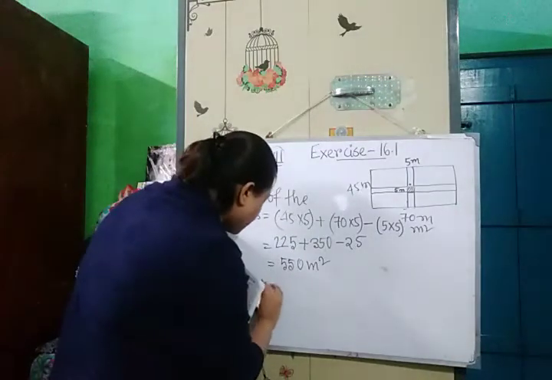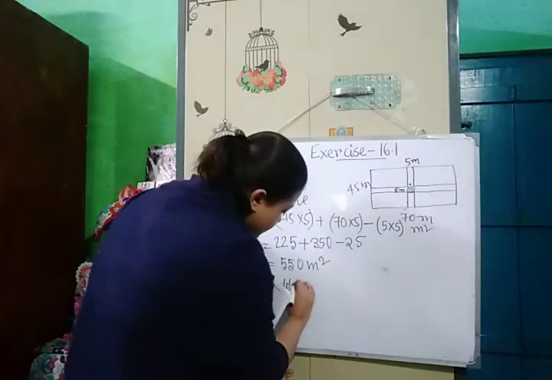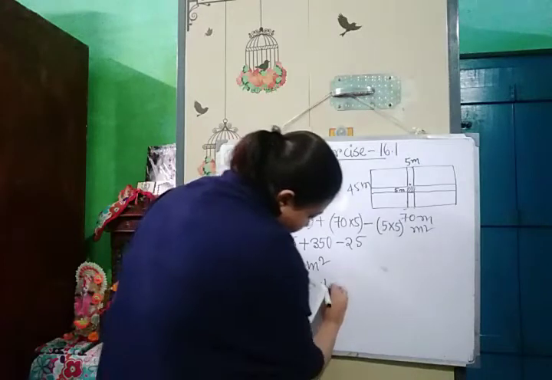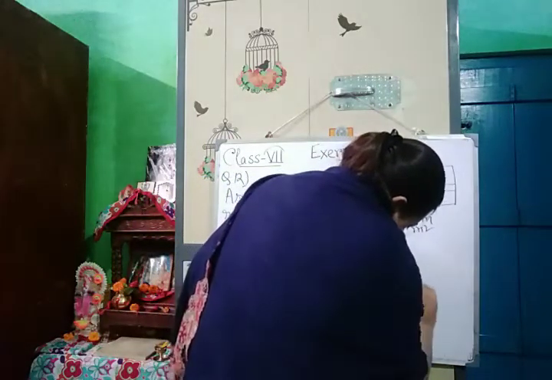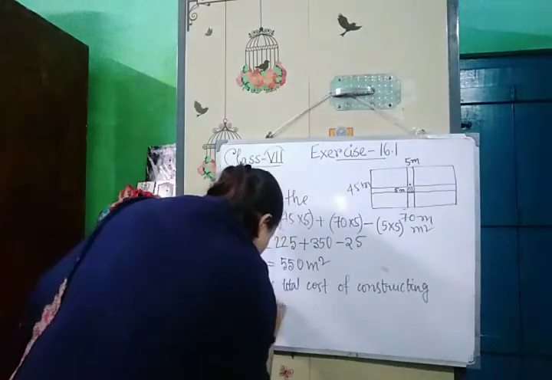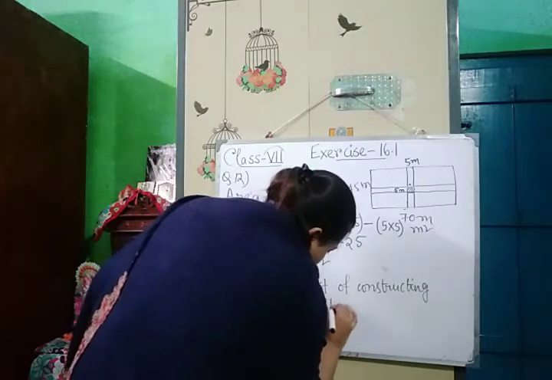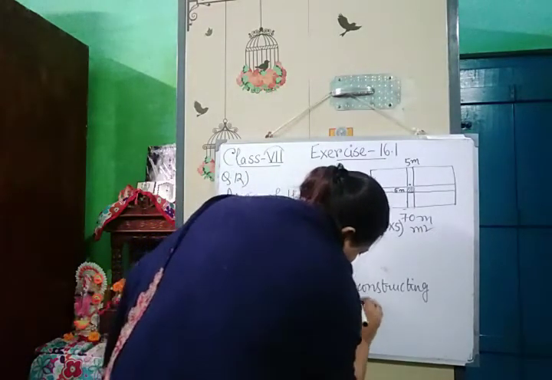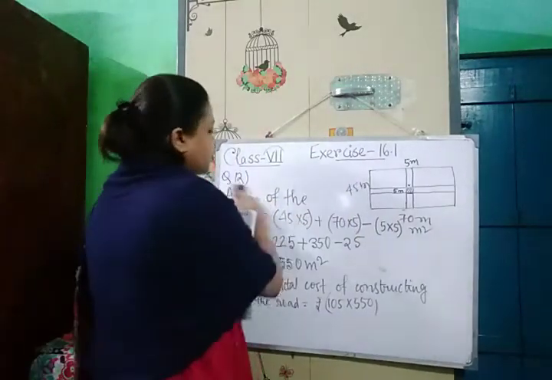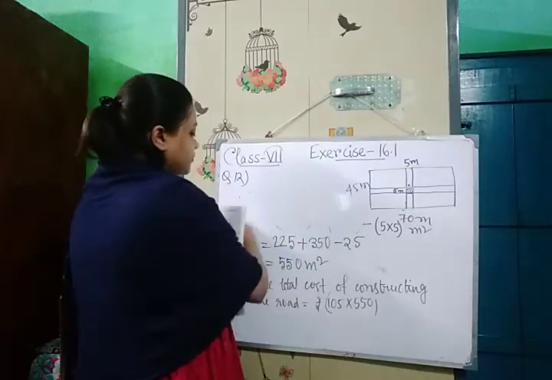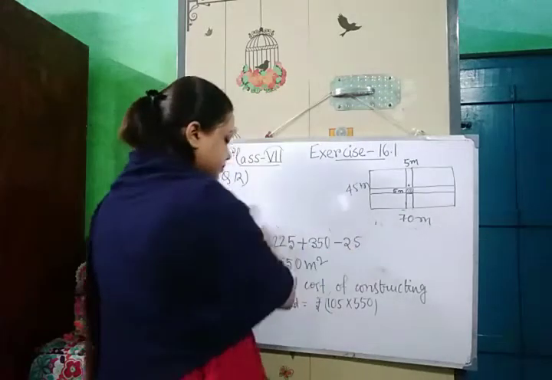Therefore the total cost of constructing the road is equal to rupees 105 into 550. Okay, now we will do the multiplication here.